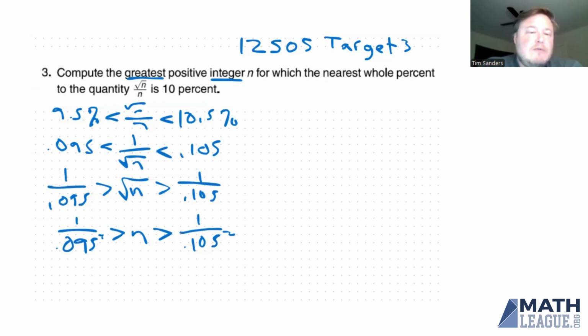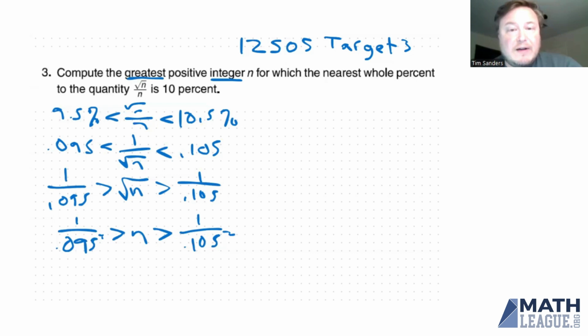So you know, for instance, that n equals 100 is going to work here because if n was 100, that's going to be 1 over 0.1 squared, and that's certainly going to be between these other two values. So we're looking for a number on the order of 100, but I want the greatest one. So my constraint here, I don't actually care that n has to be bigger than 1 over 0.105 squared. What I'm concerned about is the fact that n is less than 1 over 0.095 squared.